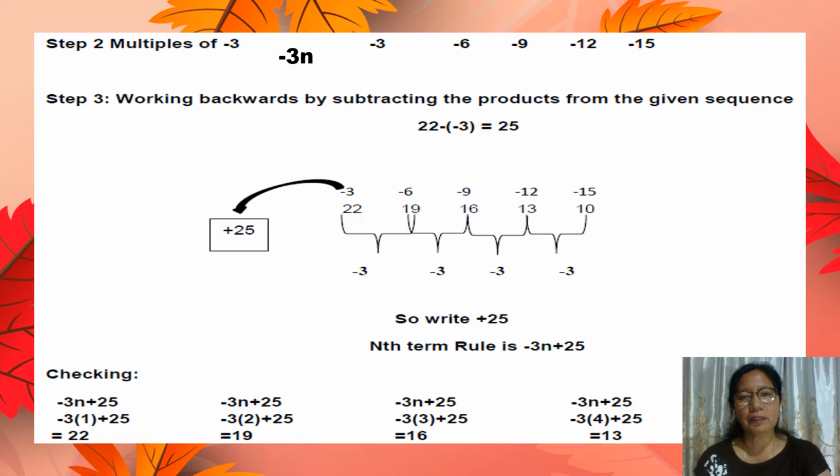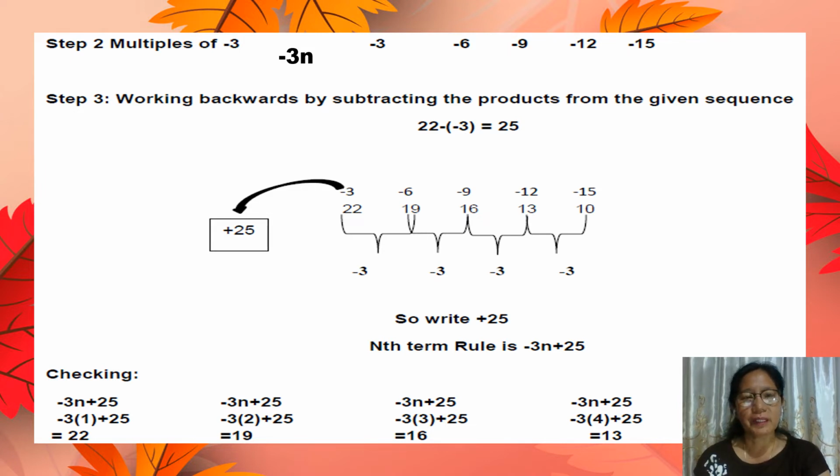If n is equal to 3, negative 9. If n is equal to 4, negative 12. If n is 5, negative 3 times 5, the product is negative 15.